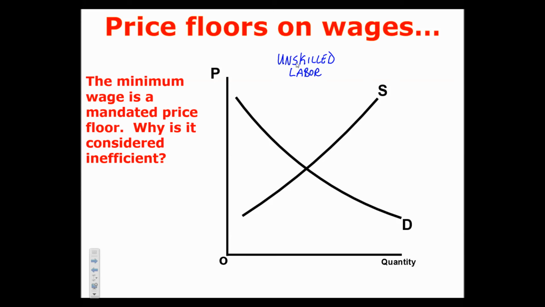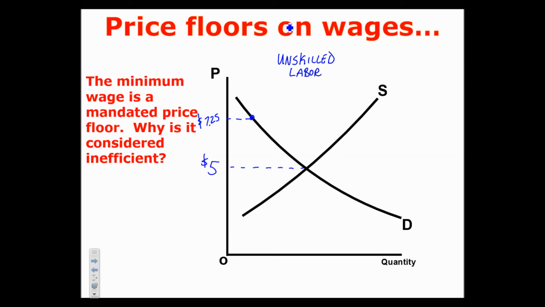Unskilled labor, though, or entry-level positions, things like that, is subject to a minimum wage. So let's just pretend that the actual equilibrium wage for unskilled labor is $5. Okay? But the mandated wage, which is a price floor, is $7.25.